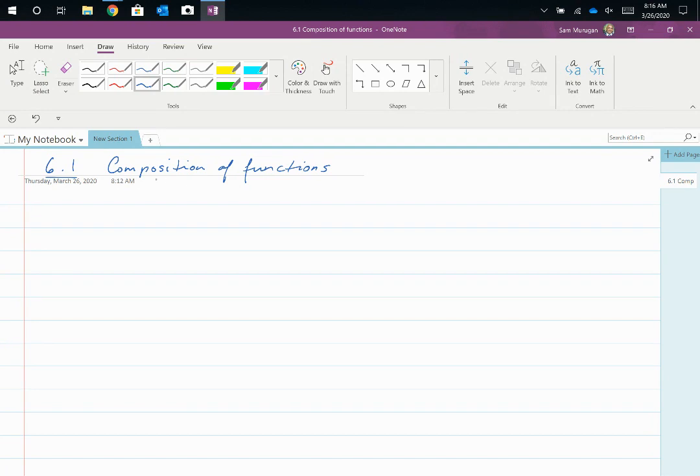So we need a definition of a composition of function.